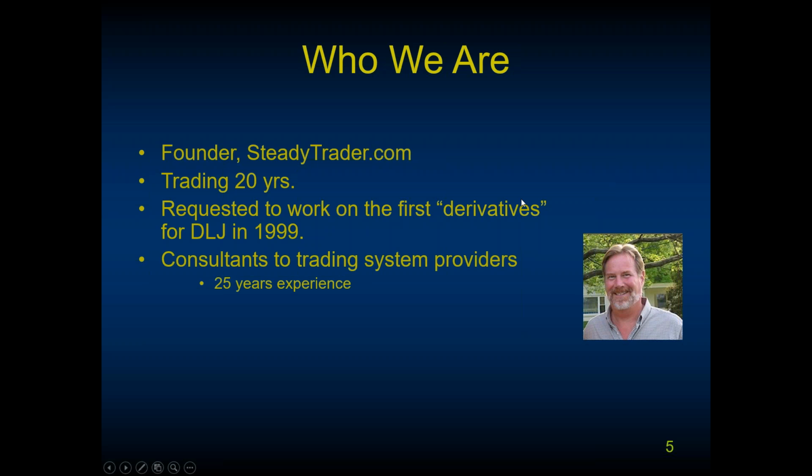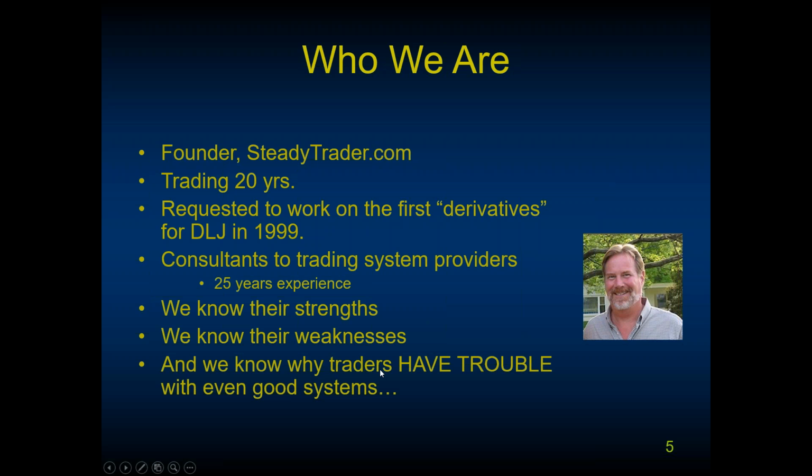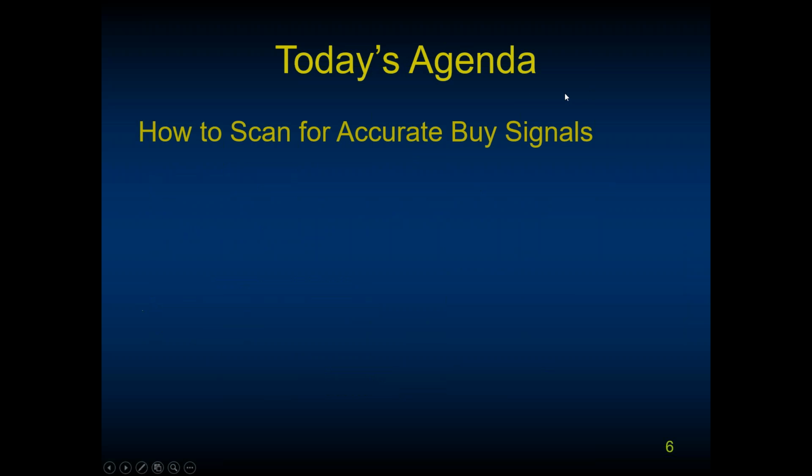My partner and I have about 25 years experience, so we know the strengths and weaknesses of a lot of trading systems, and also why individual traders have trouble even with good systems, and we try to put the information out on Steady Trader that helps individuals trade smart and trade using professional disciplines and proven techniques.